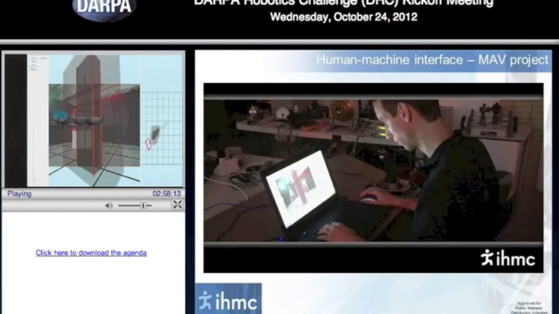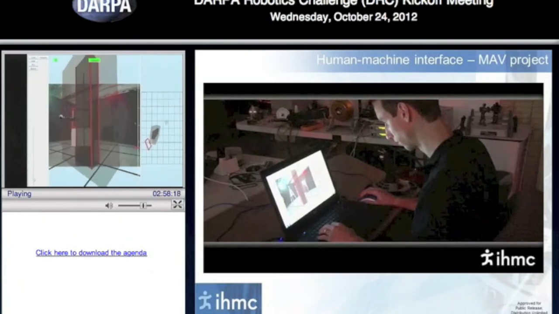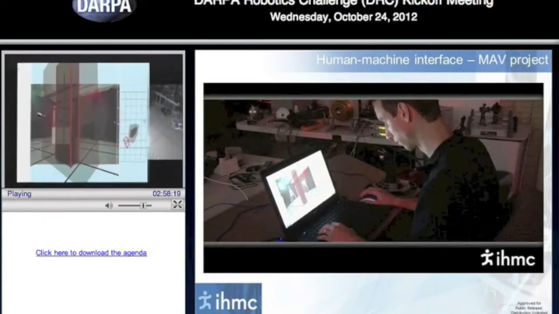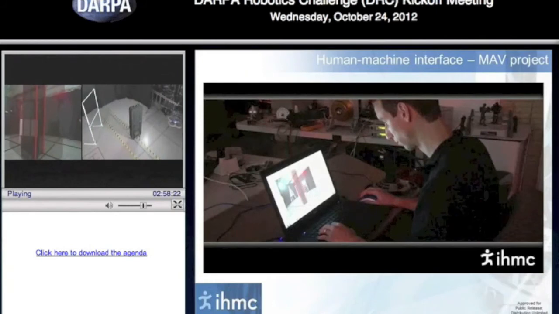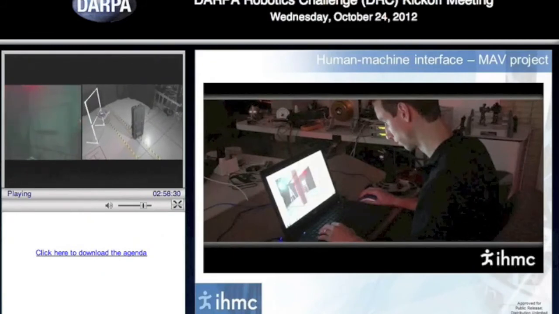So here you can see a play forward view of what the robot is planning on doing. So the human has intuition into the planning system, and once the human sees that, gee, that looks like a good plan, let's go ahead and execute it, then the robot does as expected. Next slide, please.